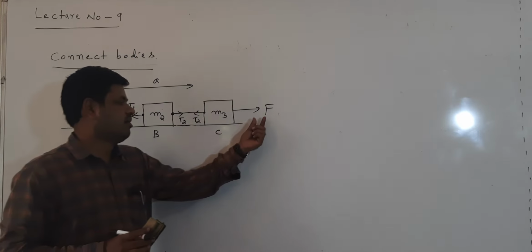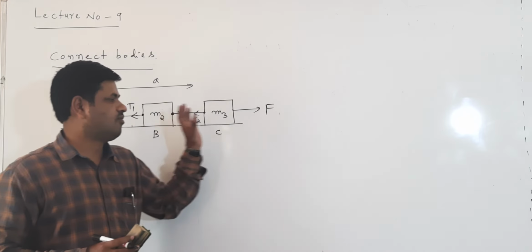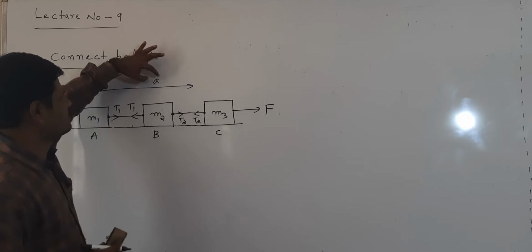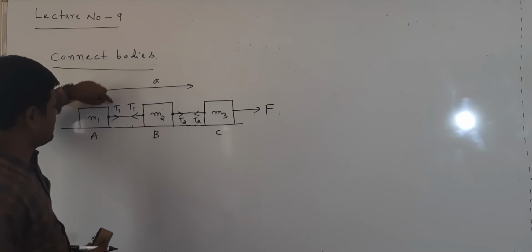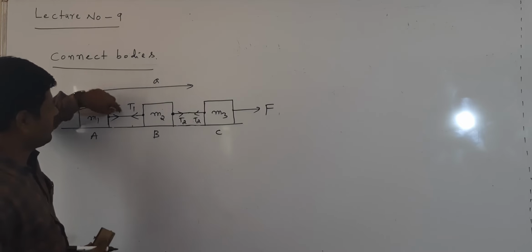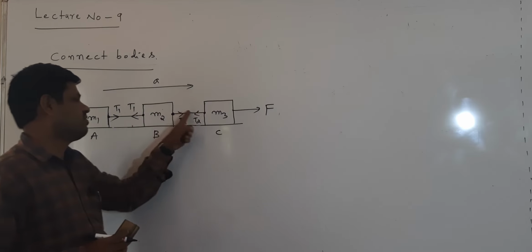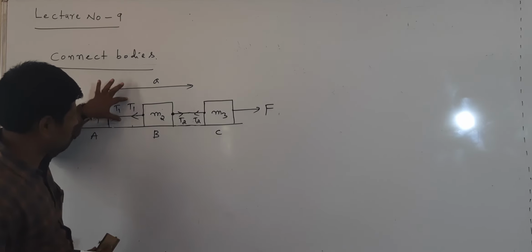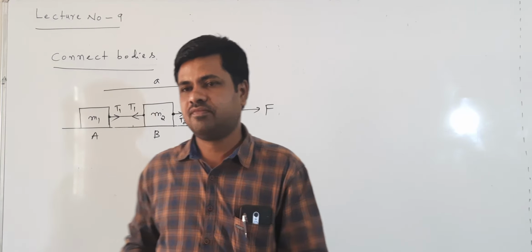When applying the force F, this is called the applied force. When the force F is applied on this system, acceleration is developed in the system and taken as A. The tensions developed in the strings are taken as T1 and T2. T1 is the tension developed in the first string, and T2 is the tension developed in the second string.